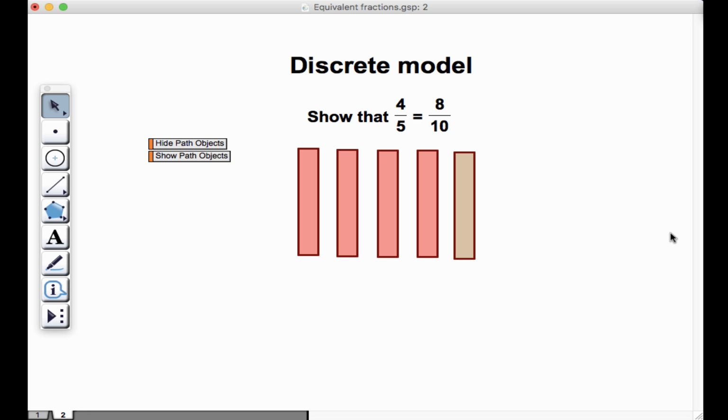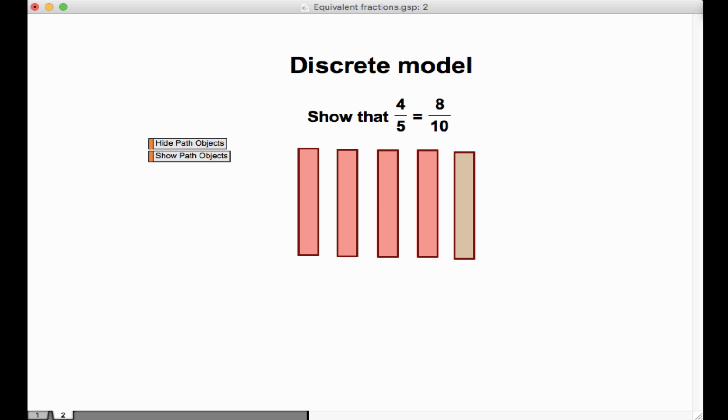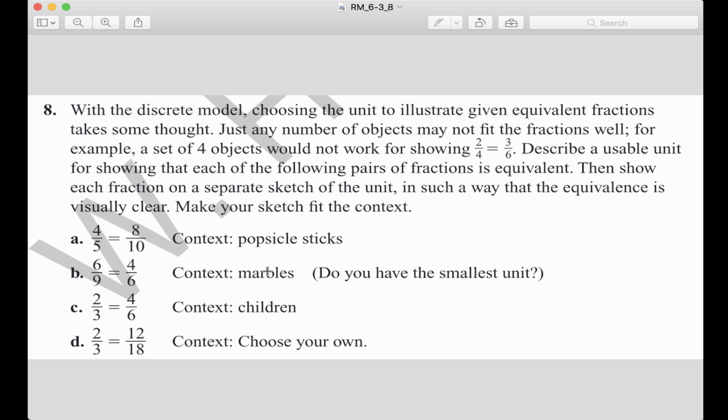I don't have 10 of something, so how am I going to show 8/10 in a discrete sense? You might say you could cut the popsicle sticks in half. Yeah, you could, but remember, we're thinking about discrete quantities, and we're going to do this with any discrete model. So with marbles, we're not really going to cut marbles in half. We're certainly not going to cut children in half. We're thinking about whole items, whole objects here.